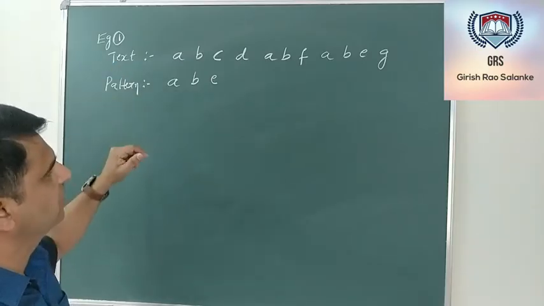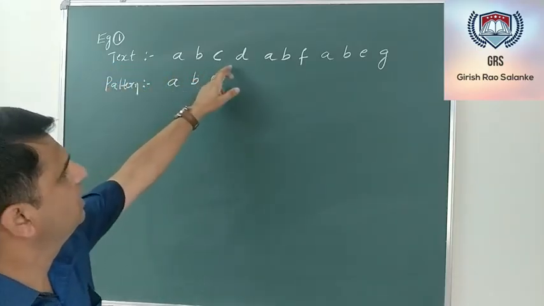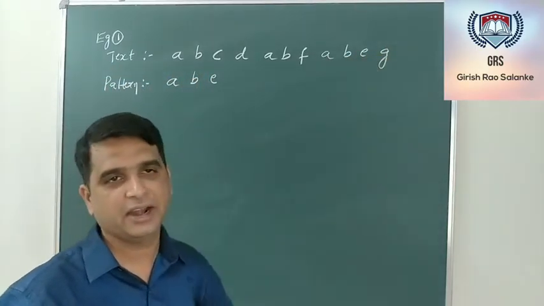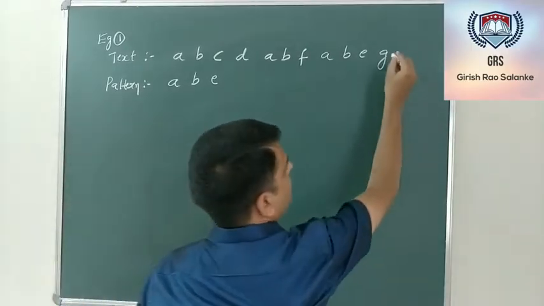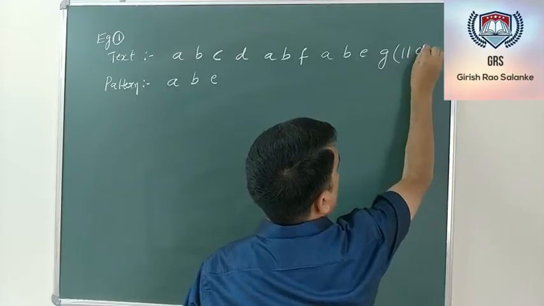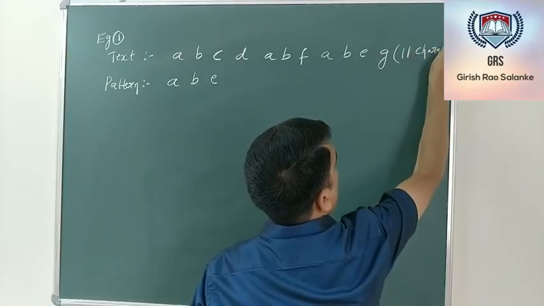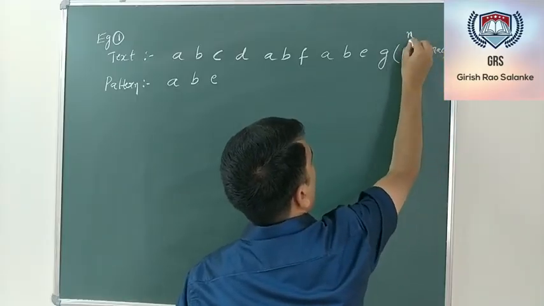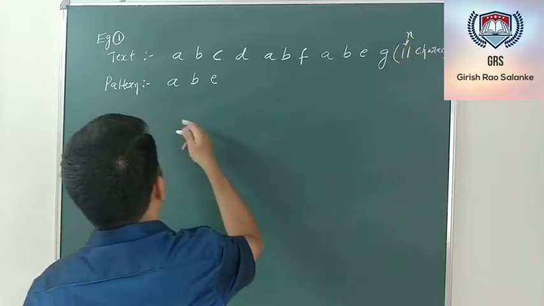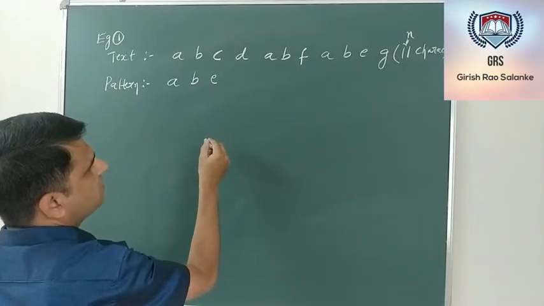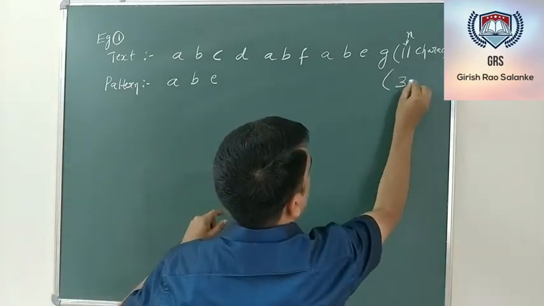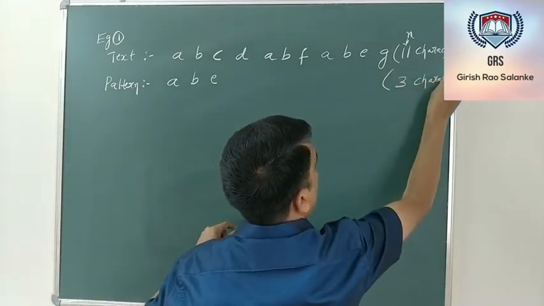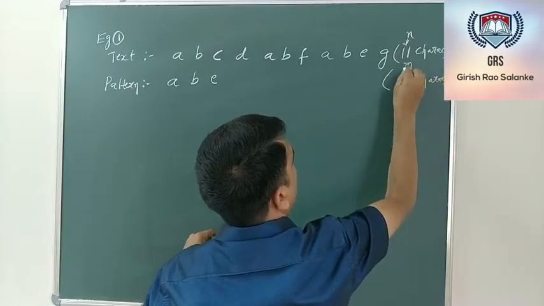So this is my text. Note that my text has 3, 6, 9, 11 characters. The size of my text is 11 characters. In a sense, my value of n is 11. What about my pattern? My pattern size here is 3 characters. That means the m value is 3.